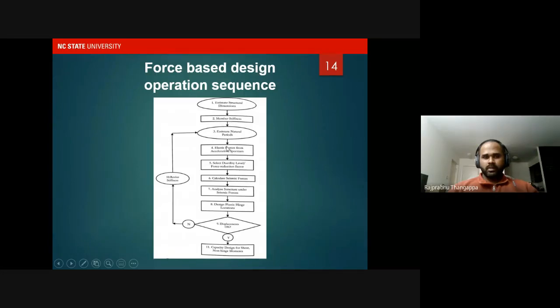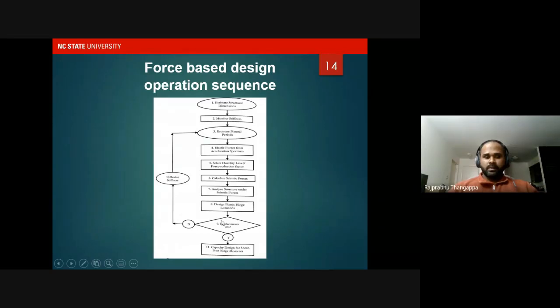And once we determine the elastic forces, we will have to select the ductility level and the force reduction factor. Moving on, we calculate the seismic forces and analyze the structure under seismic forces. This would be done by a structural analysis software, either STAAD or SAP would work. And moving on, we would design the plastic hinge locations.